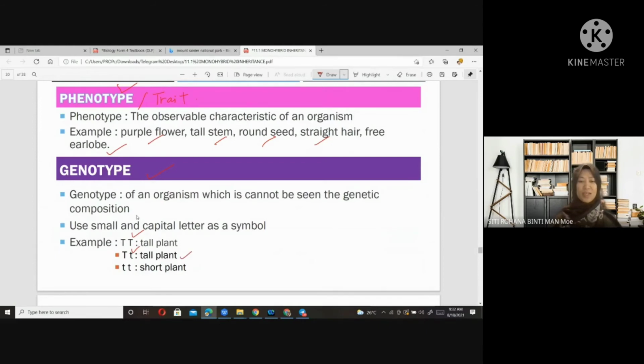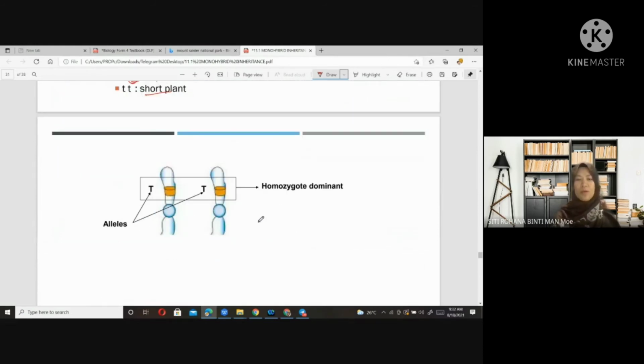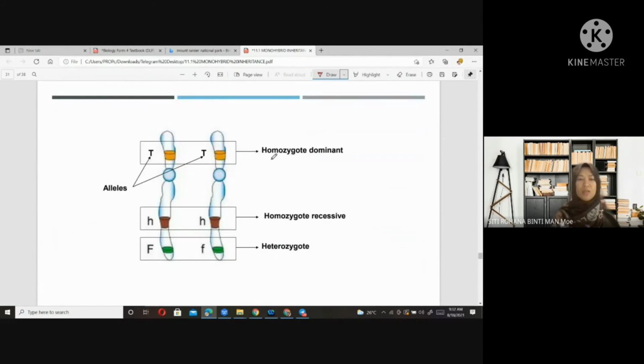Dah sebut tadi kan, small t ni, kita tak nampak lah. Okay, dominant allele will express its trait. Okay, short plant for small t. Okay, so nampak kat sini, alleles capital T. Okay, nampak homozygote dominant. Kalau T besar, T besar. B besar, B besar.